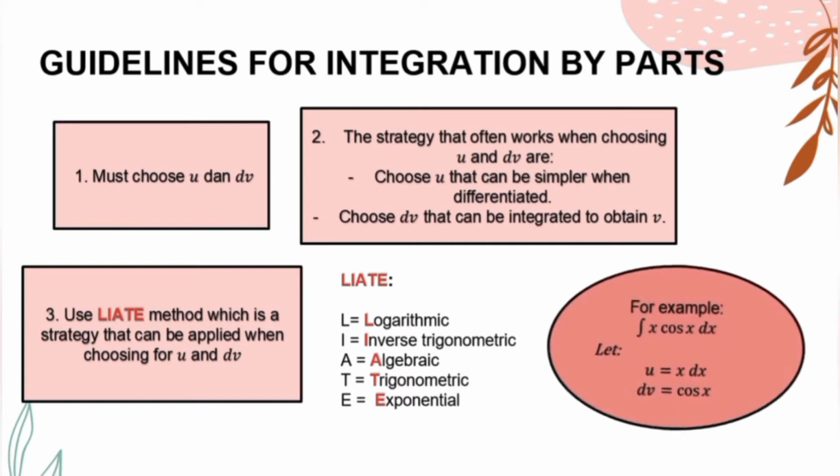For example, LIATE works when we find this type of question. For this question, x acts as algebraic while cosine acts as trigonometric. Since algebraic comes before trigonometric in the LIATE method, we let u be x while we let dv be cosine x dx.